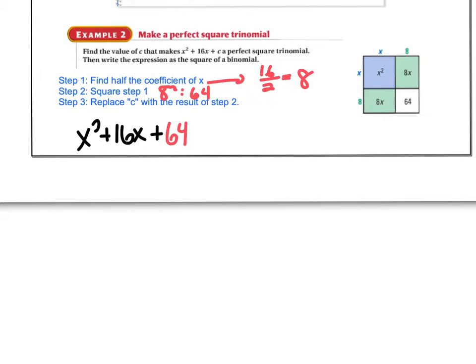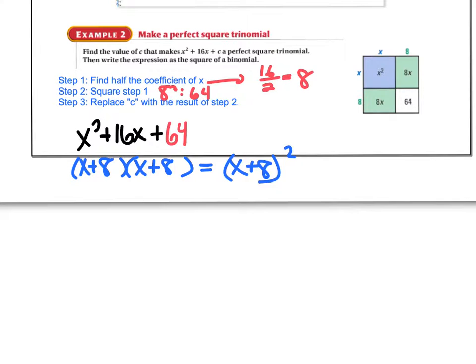So notice you have a 1 here, which is a perfect square, and a 64 there, which is a perfect square. So I could actually factor this thing into two binomials that were identical, and they would be x plus 8 and x plus 8, which we could write as x plus 8 squared, and eventually we'll use this form of it in order to use our square root method of solving.